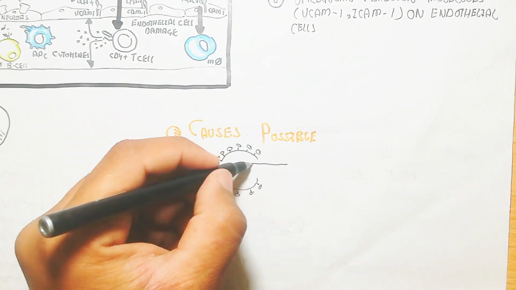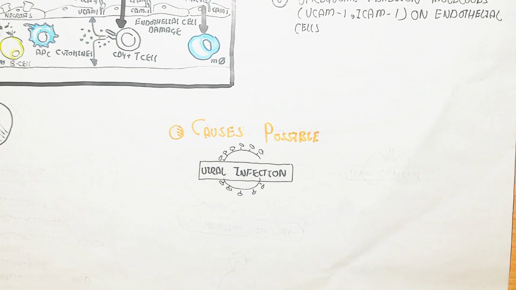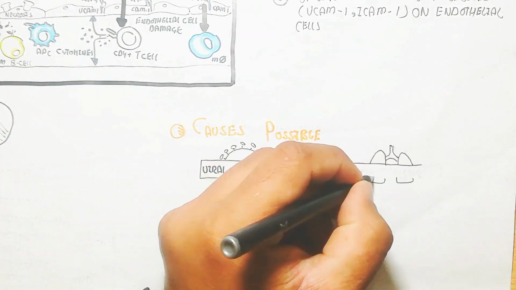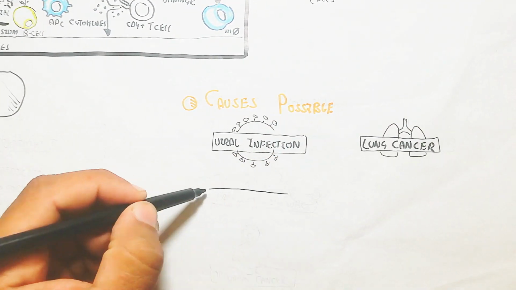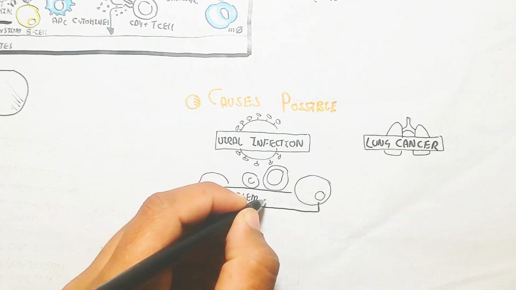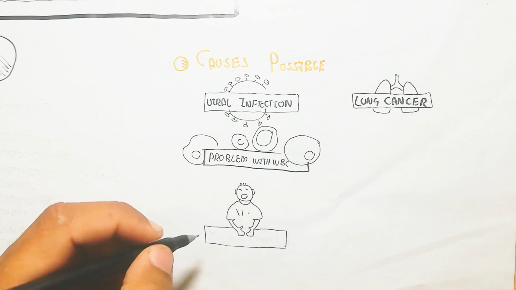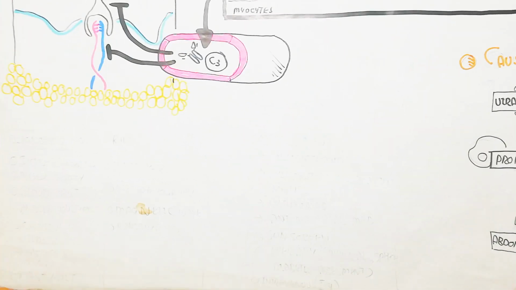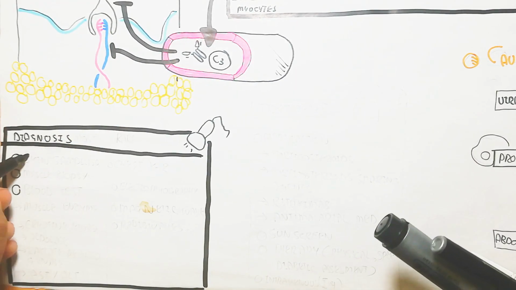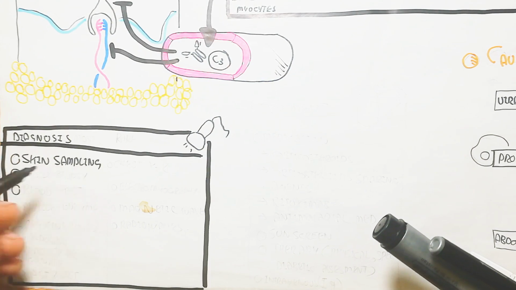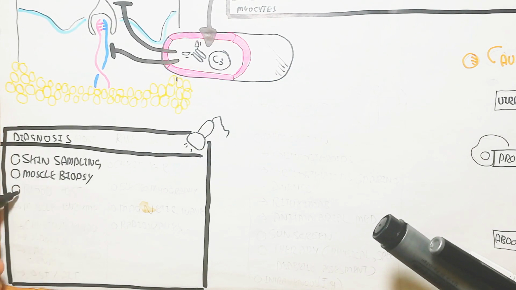The cause of dermatomyositis is possibly viral infection, lung cancer, problems with WBC, and abdominal cancer, but it is also an autoimmune disorder. So it means inflammation can trigger it. It is possible but unknown.